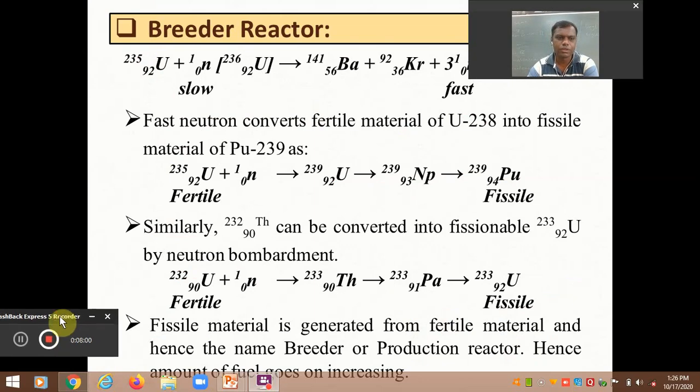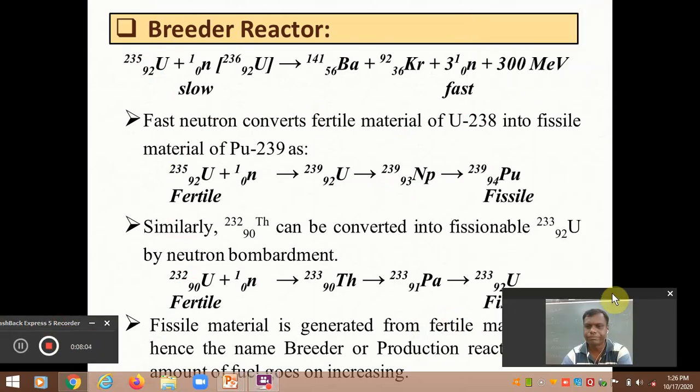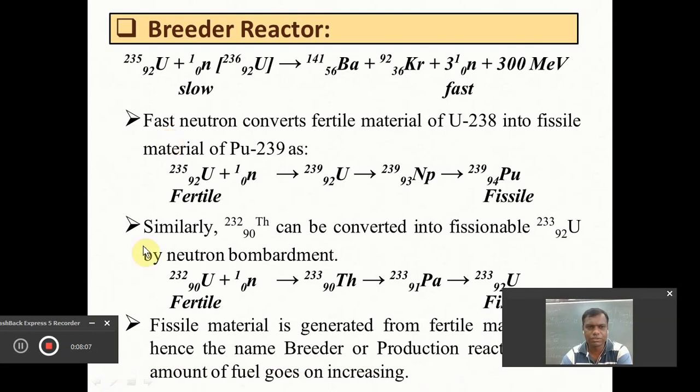Here these fast neutrons which are formed in this nuclear fission can be converted. This fast neutron converts fertile material uranium 238 into fissile material.